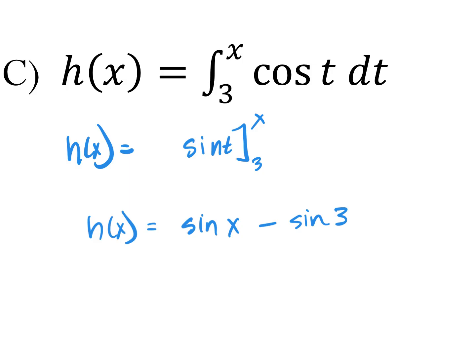Everybody good? And if I asked you guys, what is the derivative of this new function? It would just be cosine of x. The derivative of sine x is cosine x. The derivative of sine of 3 is 0.